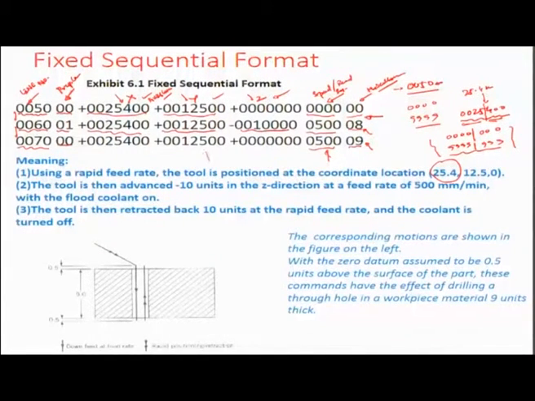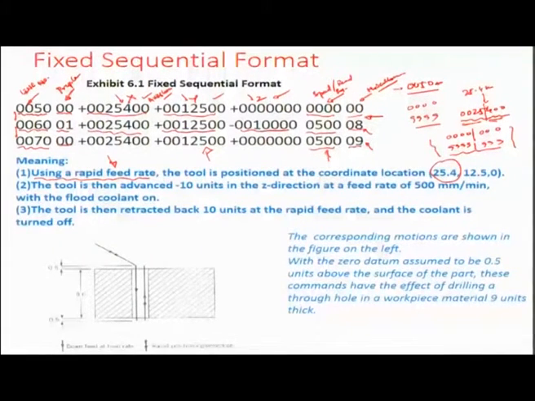This code right here is a sequence which is defined for a simple drilling process, and if I look at what is going to be the tool path following this code, in the first line it says using a rapid feed rate, which I am going to define later quite well. So there is going to be a linear and a rapid positioning system which we will talk about in detail.